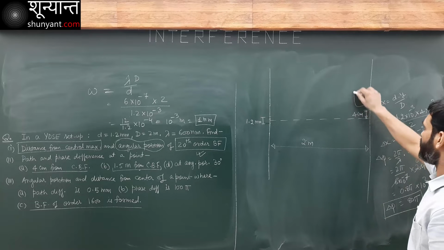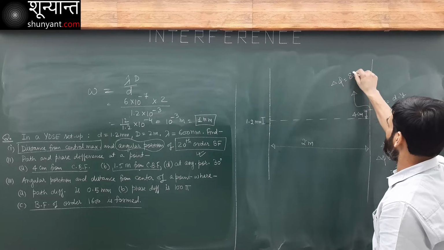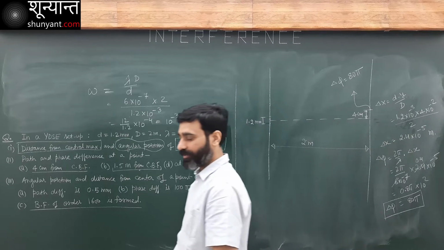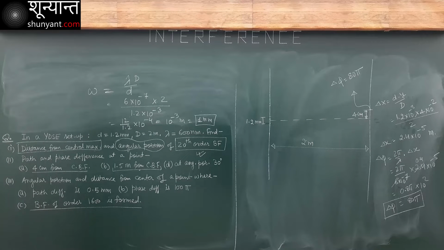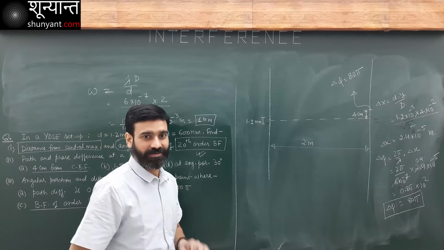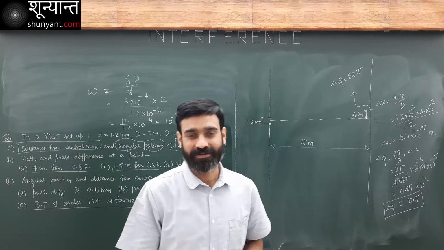Here at this point, phase difference is 80 pi. Do I get a bright fringe or a dark fringe? I get a bright fringe.